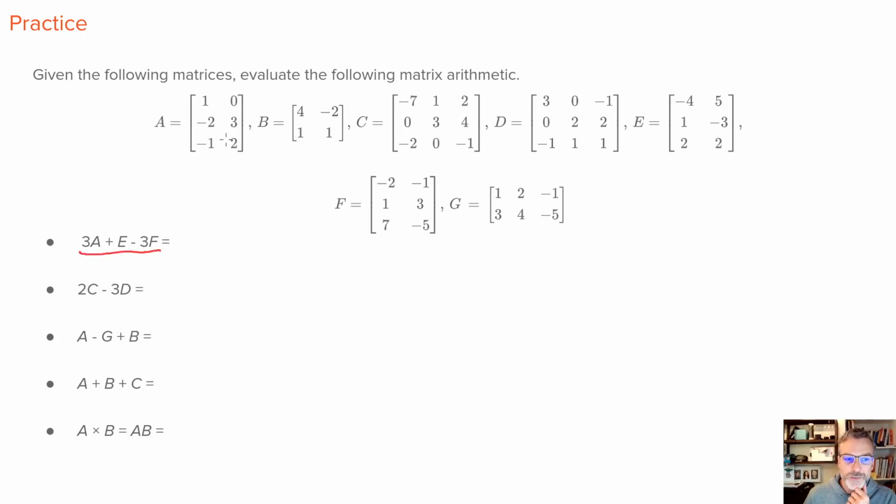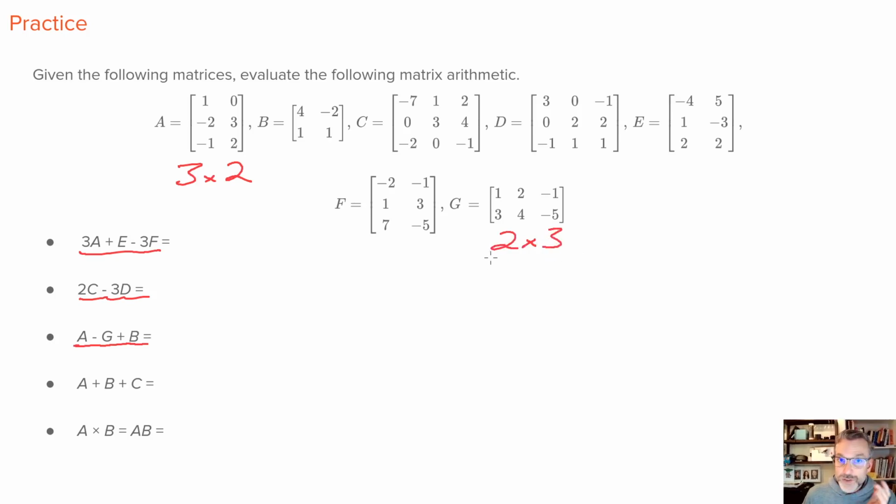So we would take 3 times everything here, plus this matrix, minus 3 times this. We could do this one. Take 2 times everything in here, minus 3 times everything in there. It's fine. When we get to this, you notice you have a problem. Okay? If I take the dimensions of A, well, that's 3 rows and 2 columns. But over here, G, I have 2 rows and 3 columns.